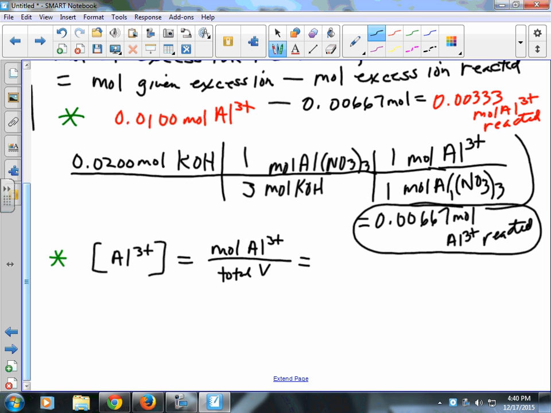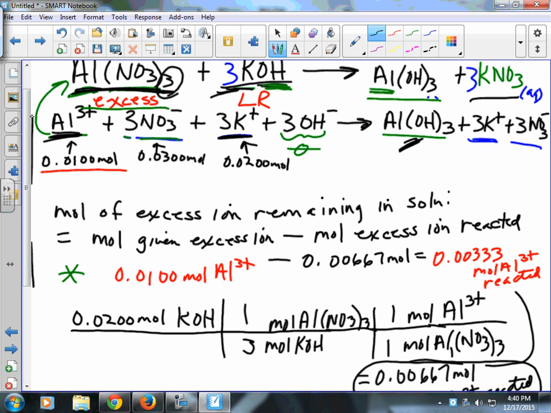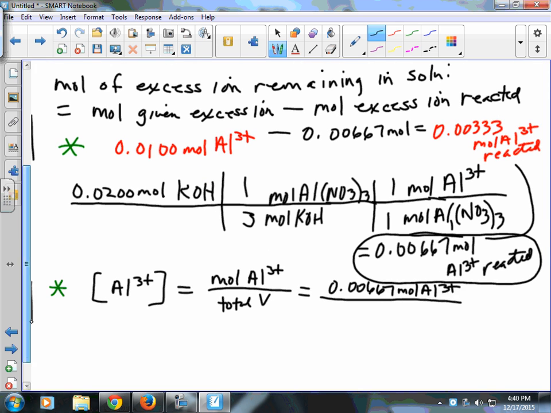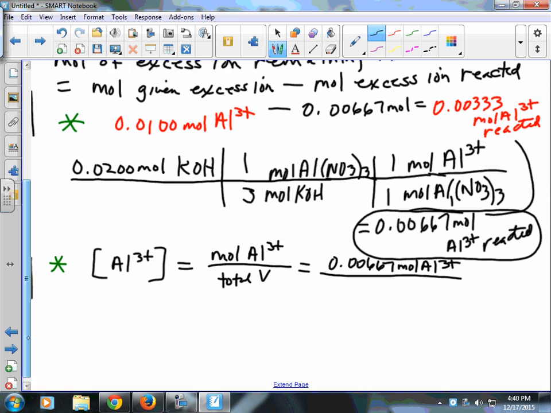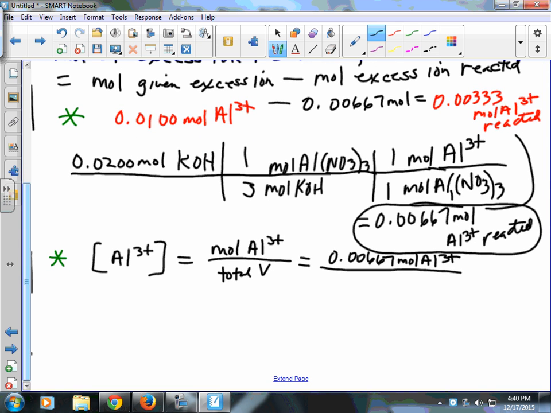So we have 0.00667 moles of aluminum. Now we've got to get the total volume. So we need to go back to our given. And I erased it. Okay, let me just put it back on here again. Not a big deal.